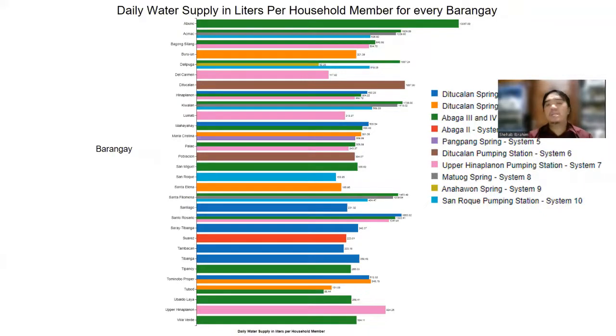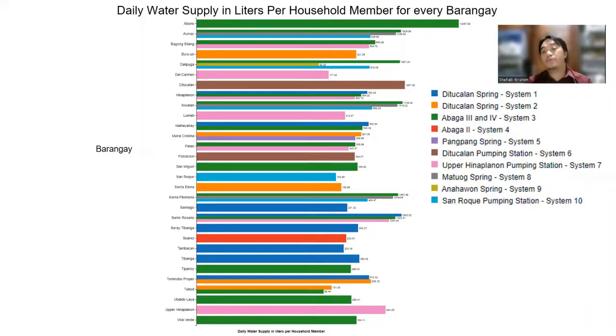Now, another figure that we have created is the daily water supply in liters per household member for every barangay. On the x-axis is the daily water supply in liters per household member, and on the y-axis we have the barangay.